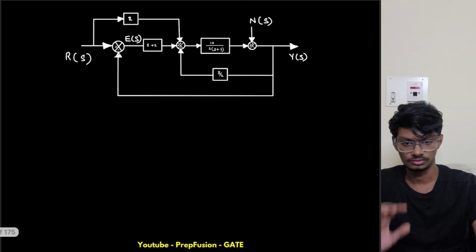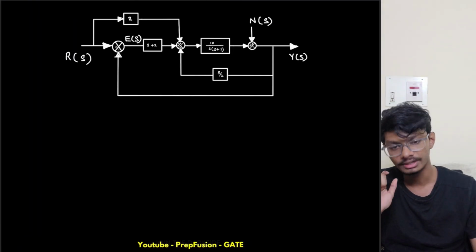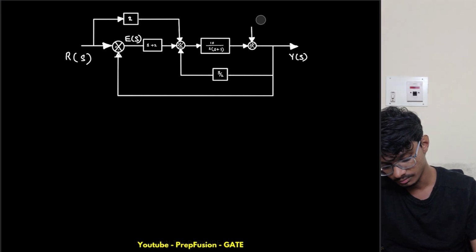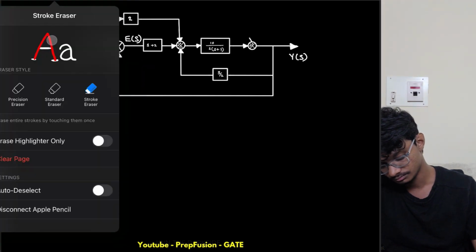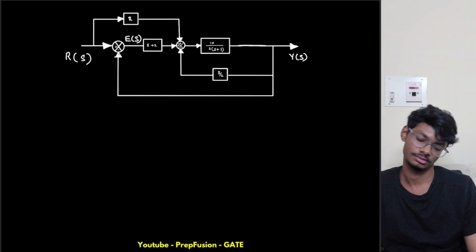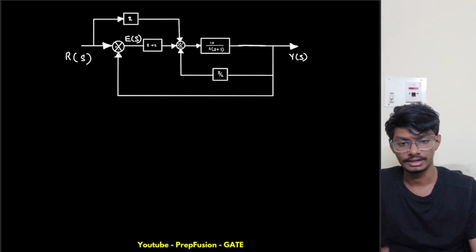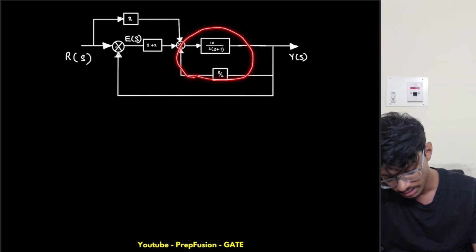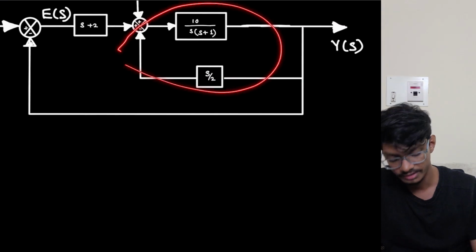So what I will do is solve with equations. I have to make N 0, right? So I can simply remove N. If I remove N, I can reduce this block. This is like a negative feedback system.